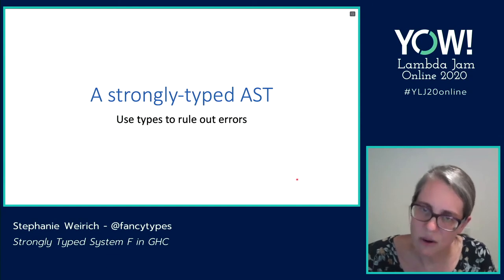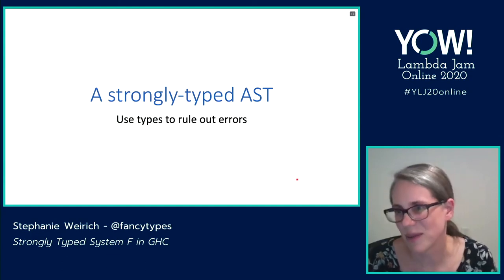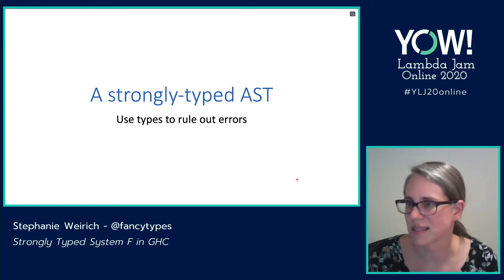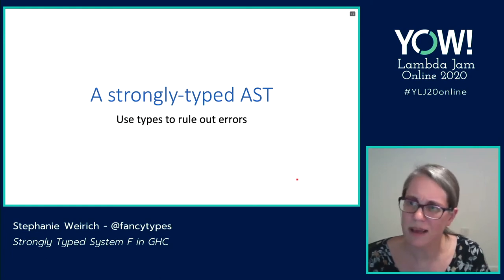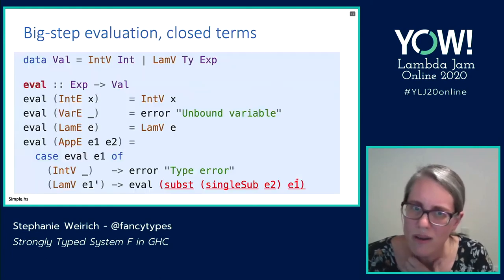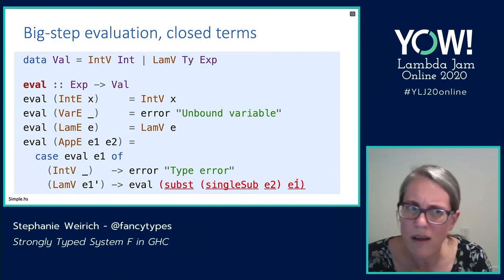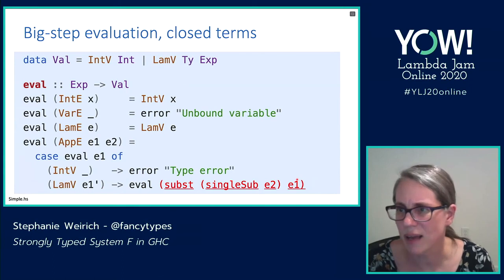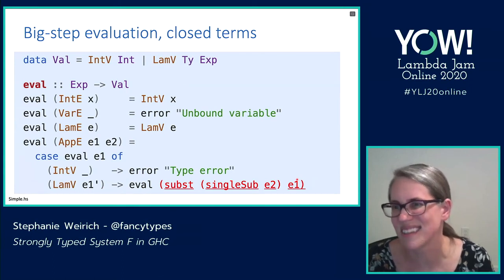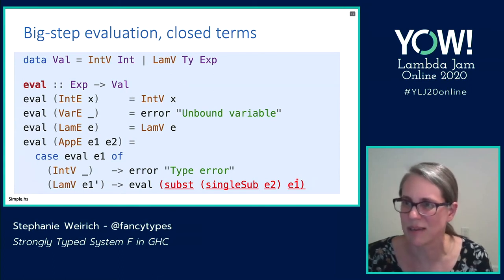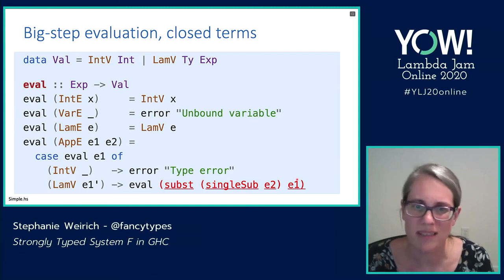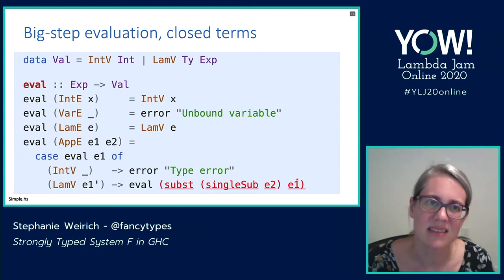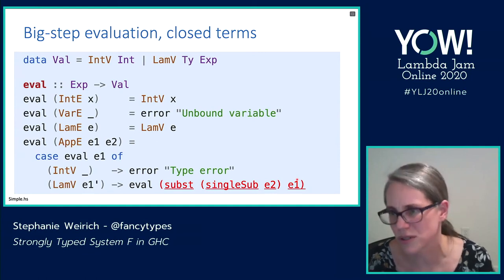We did this all with a weakly typed or untyped abstract syntax tree. And what do I mean by that? In this example, you can see that we're not enforcing that our expression data type only represents things that type check, and they simply type lambda calculus. We could have things that are type errors, and we're not enforcing that this evaluator only works for closed terms.